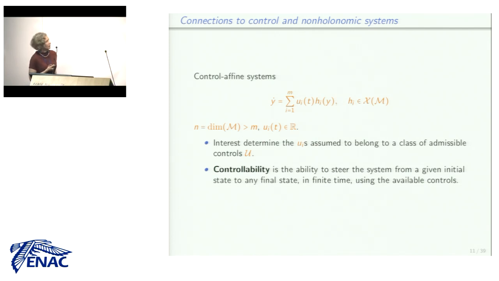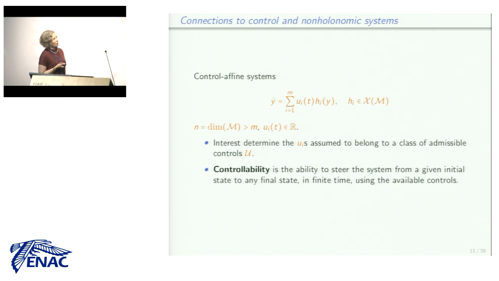In particular, for example, I would like to address problems of controllability. It's one of the main problems of control. Then I would like to know what is the ability of this system to bring the state, the y, to a final prescribed state in final time using the available controls, so controls belonging, for example, to a given space.